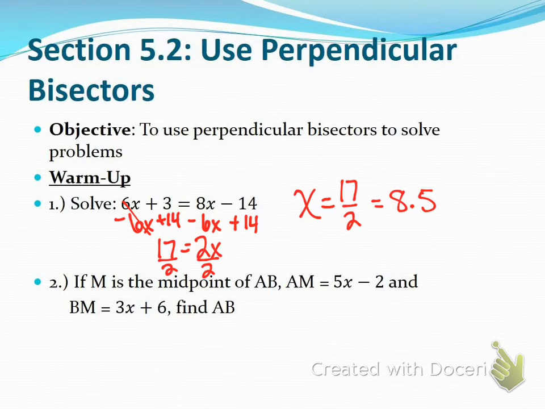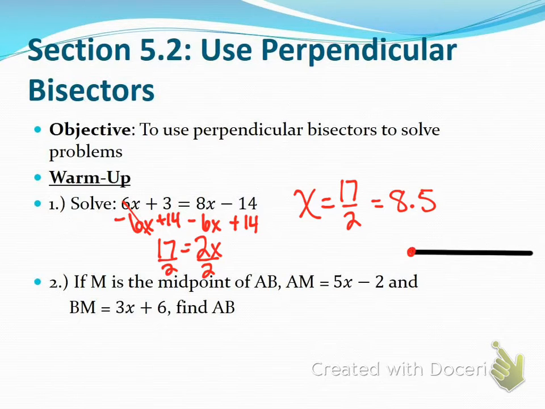If M is the midpoint of AB, AM equals 5x minus 2, and BM equals 3x plus 6, find AB. It might be helpful to have a diagram drawn for this. It might be helpful to draw yourself a diagram for number 2. Not essential, could be useful.